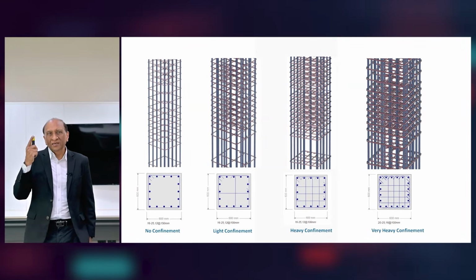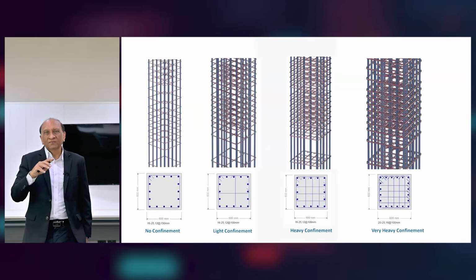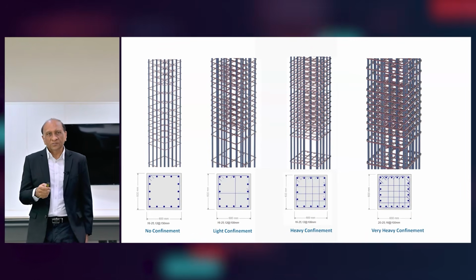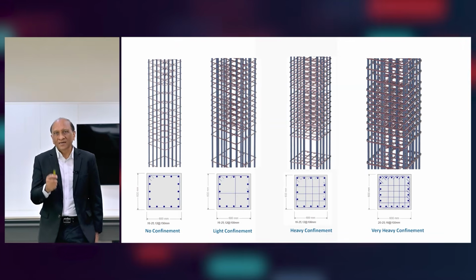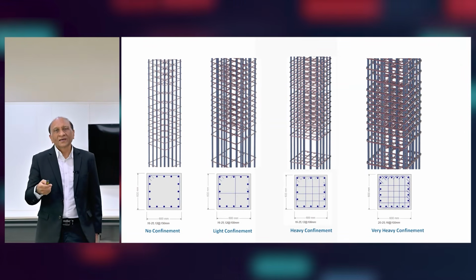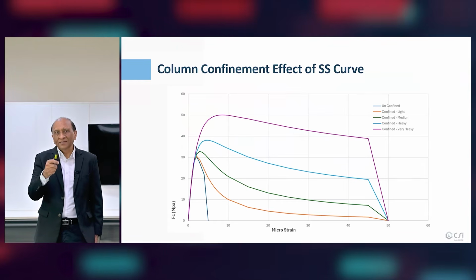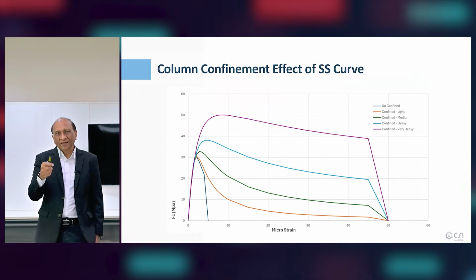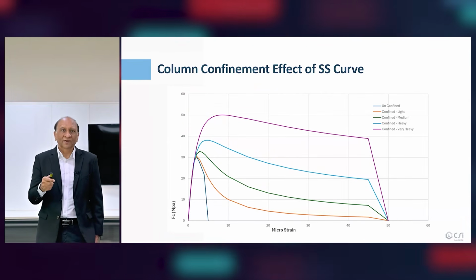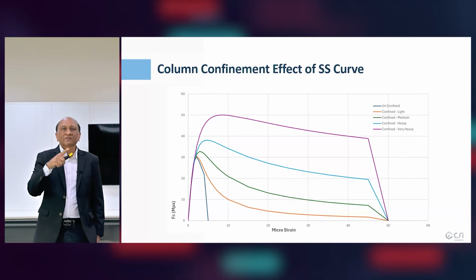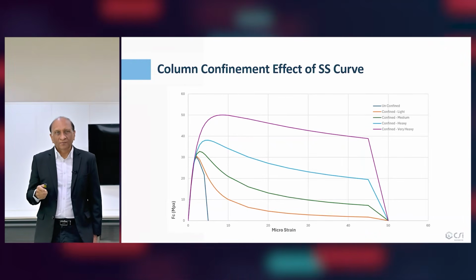It's just when we generated that, we did not consider the transverse reinforcement. But moment curvature does, because we modify the stress strain curve by confinement. So unconfined, lightly confined, heavily confined, very heavily confined, and extremely heavily confined concrete sections will give us very different concrete curves.